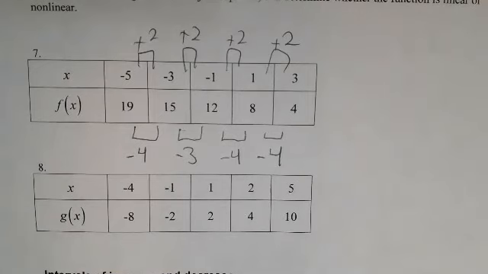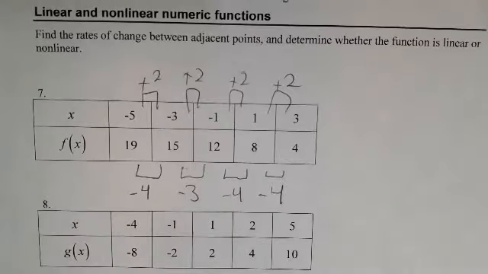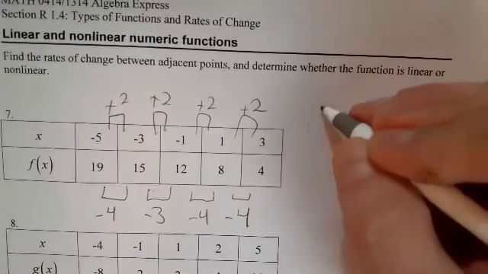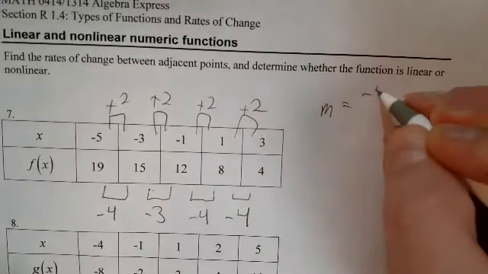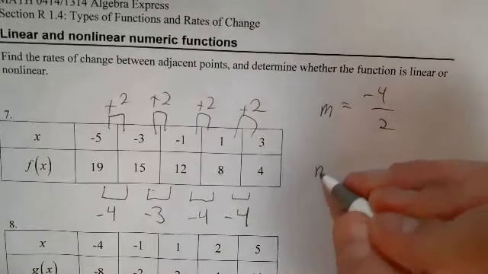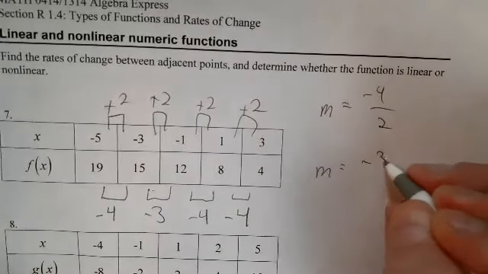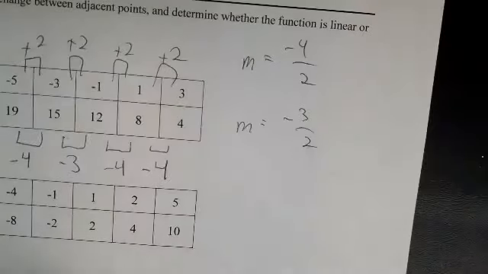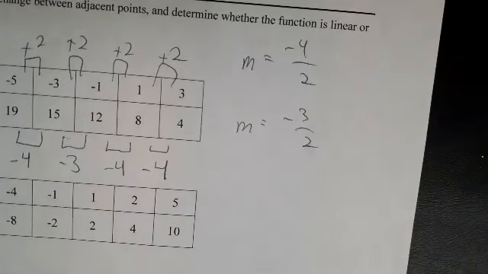They say find the rates of change between adjacent points and determine whether the function is linear or nonlinear. So we're trying to see if this is linear or nonlinear. We have the right numbers to find our slopes: minus 4 over 2, or minus 3 over 2, are the first two slopes.